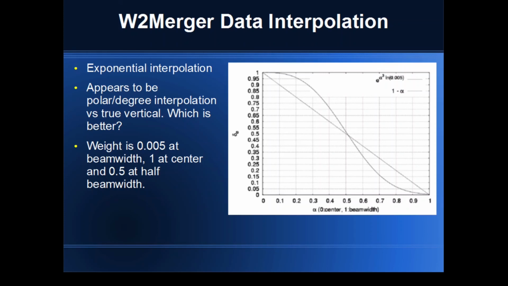In this exponential interpolation, the weight is 0.005 at beam width, 1 at the center, and 0.5 at half beam width. You can see the straight line in this graph would represent actual true linear interpolation, and the curved section would represent the exponential interpolation. If you mirror this, you can also see how, as you go from one tilt to another, it's symmetrical.